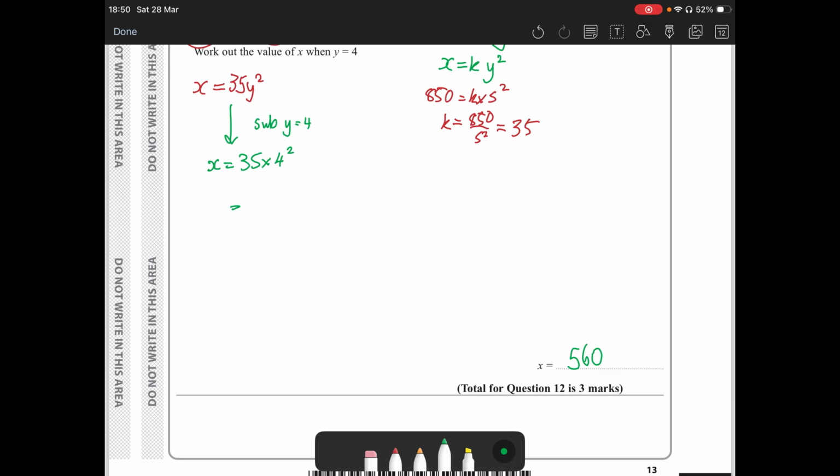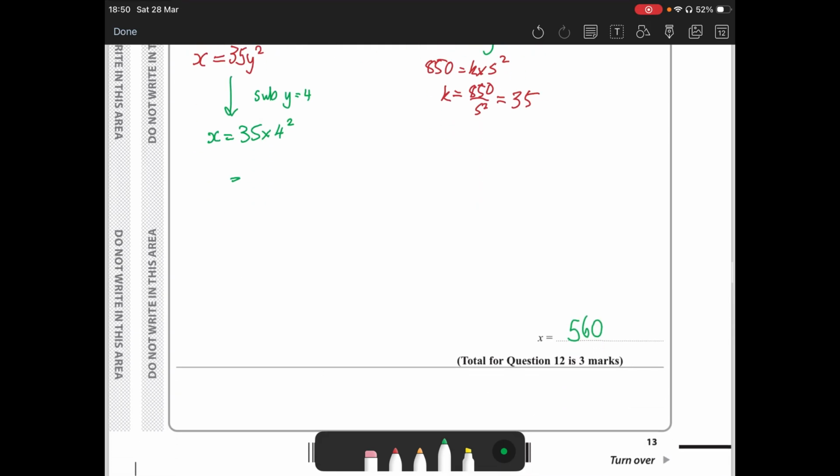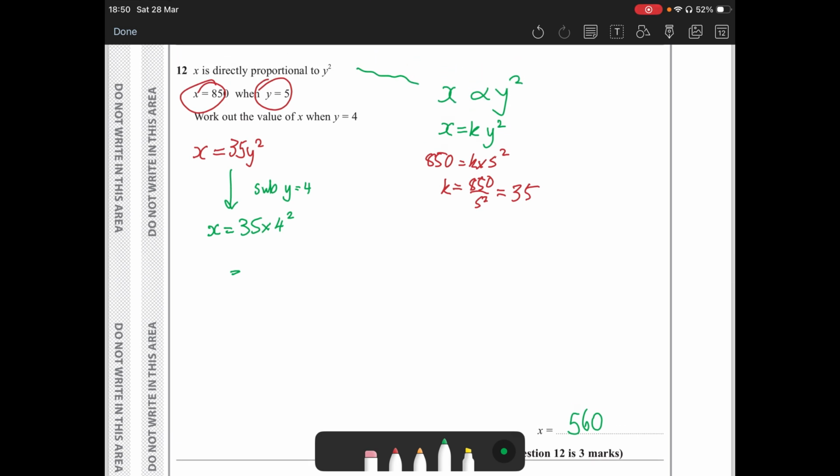That should be right. Let me give it a quick look on my mark scheme. Five, four, what? Why did I write 30? Oh, how is my calculator giving me 34? Sorry, it's 34.